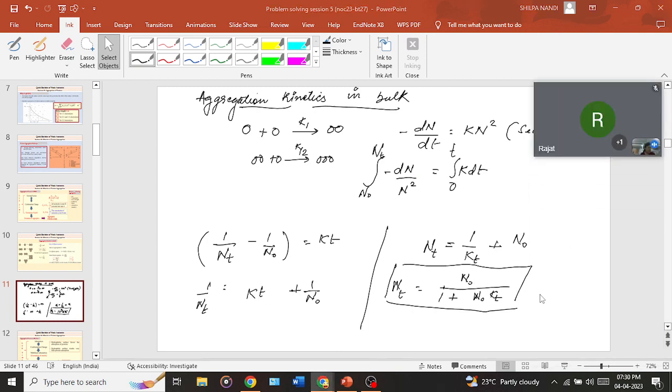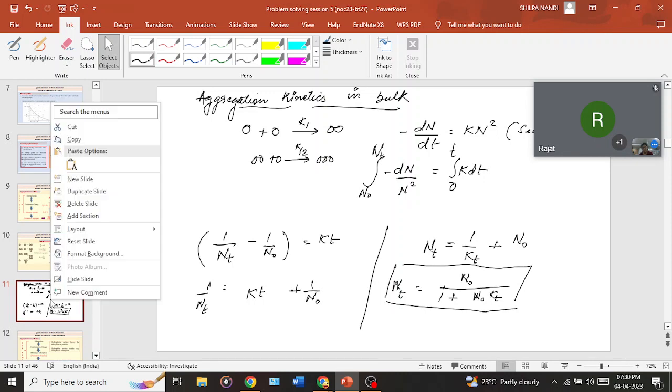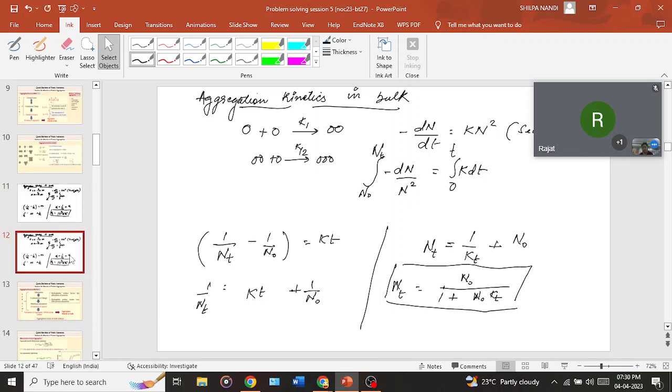Also, if you take out the t half, how can we derive the t half?